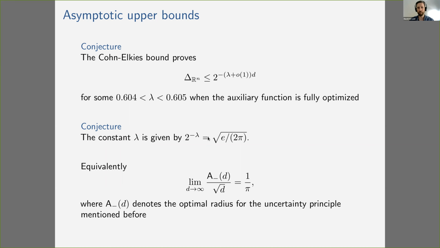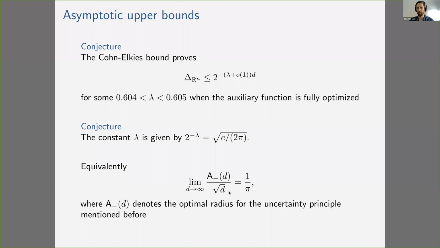But if you look at this from a different perspective, this A minus D, which I didn't explicitly define, comes from the uncertainty principle that I showed in the beginning. This is the minimal radius for which you can get this non-negativity outside the ball of this radius.